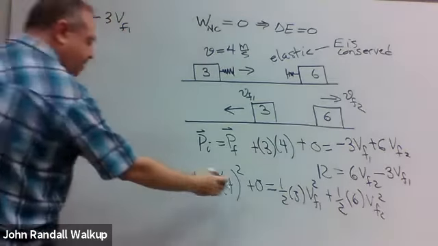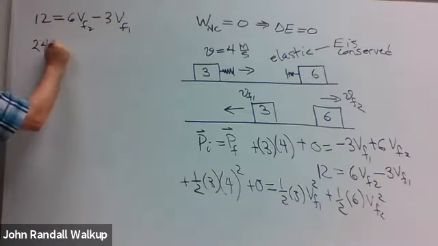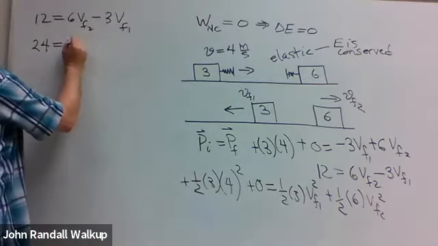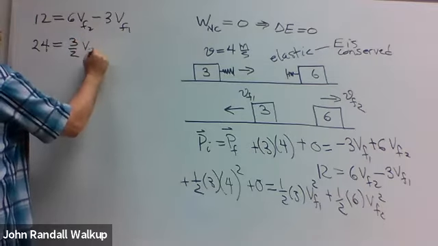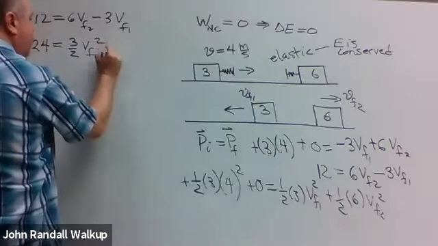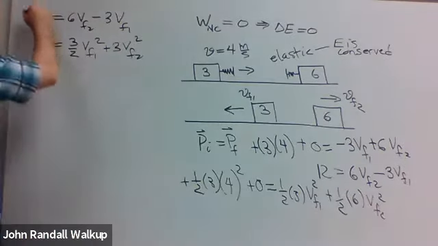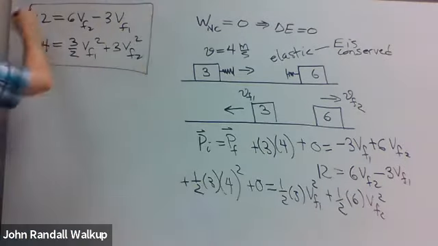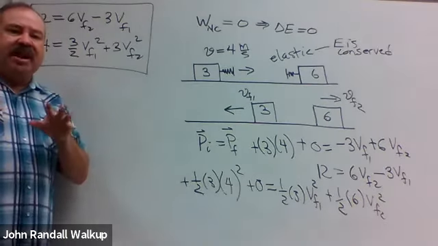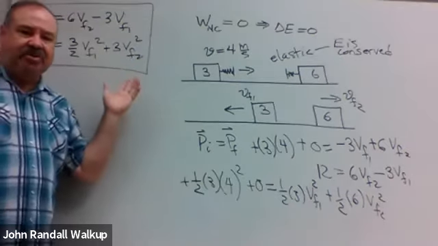And the second one is going to be 16 divided by 2 is 8, this is 24, equal to 3/2 v final 1 squared plus 3 v final 2 squared. And we end up with 2 equations, 2 unknowns. You could go online because there are simultaneous equation solvers where you can just dump the numbers in and they'll tell you what the answers are.